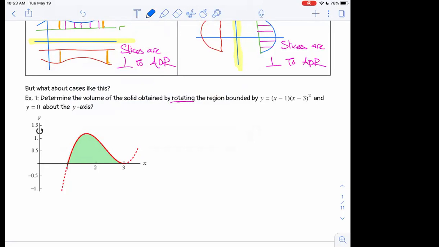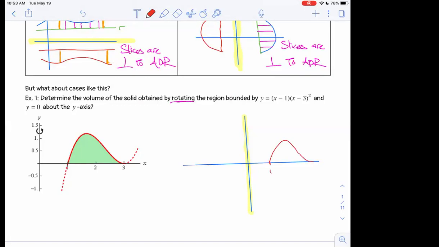So what I'm going to do is sketch my own picture. I'm going to draw the y-axis here. This is my axis of revolution. And when I draw in the curve, I'll get something kind of like this.